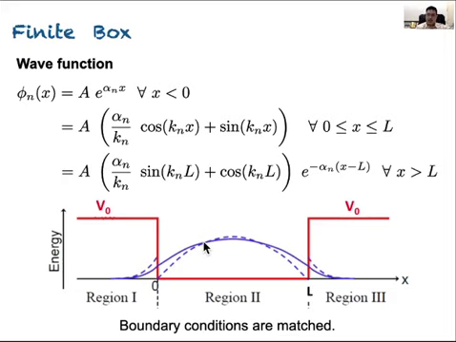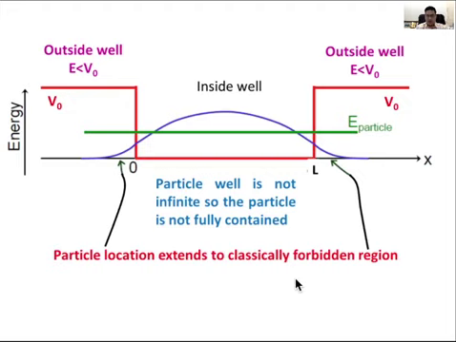Now there is another very interesting thing that you see: the ground state wave function for a particle in a finite box looks like this. This is inside the well, and this is outside the well.